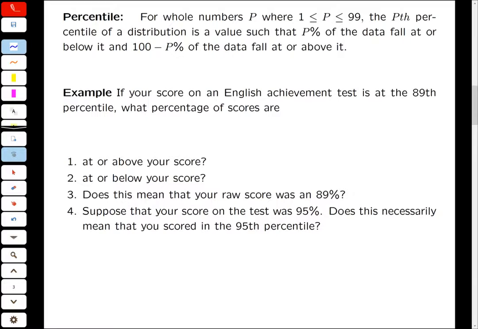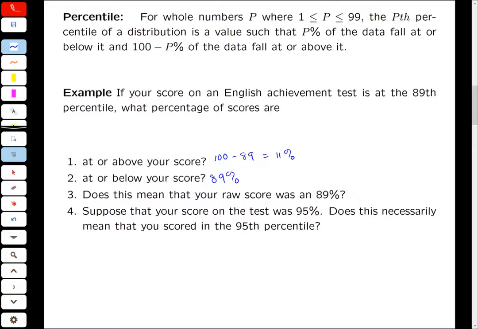Okay, so let's answer number 2 first. What percentage are at or below it? 89%. So what percent are at or above? 100 minus 89. What is that? 11%. So 11% are at or above, 89% are at or below your score.